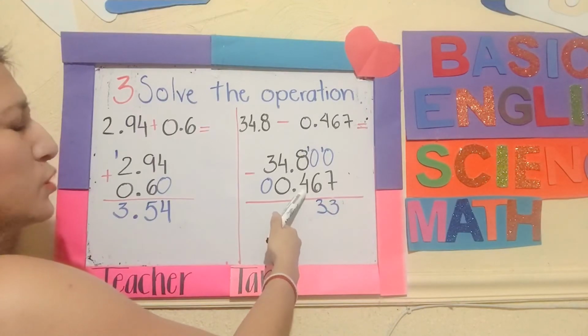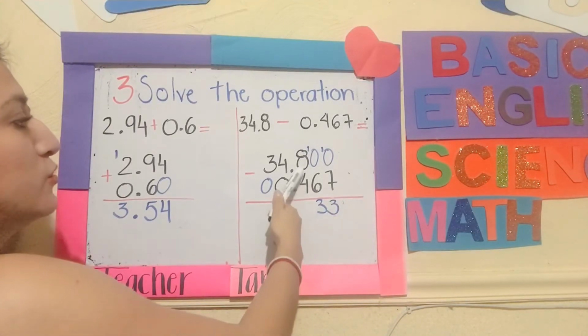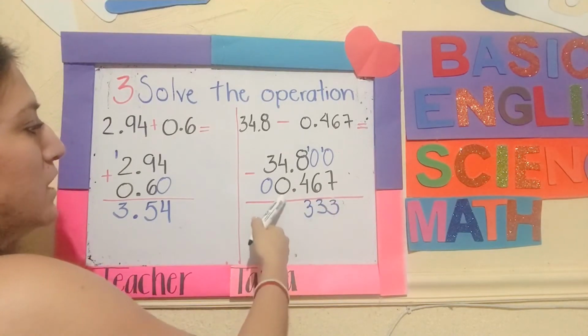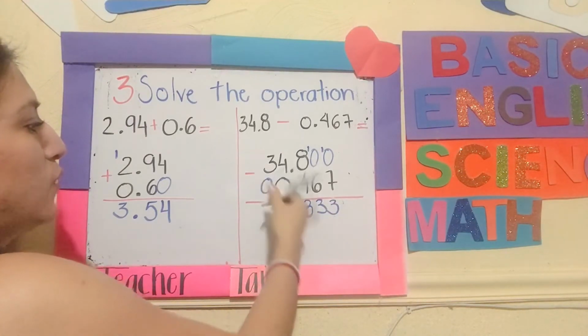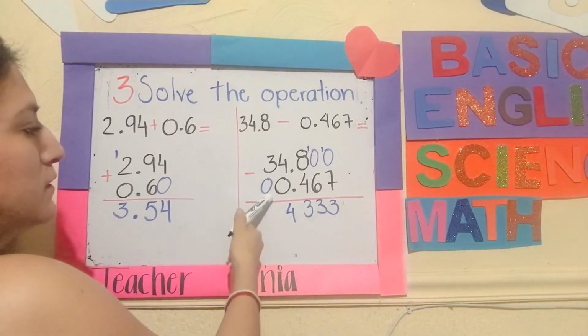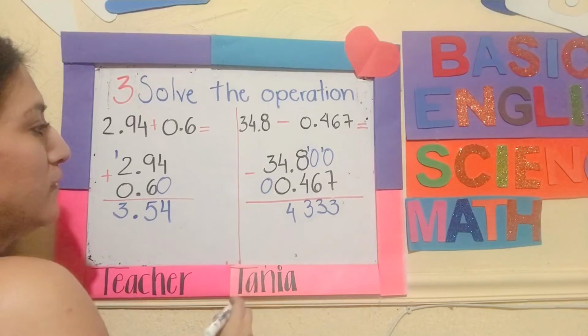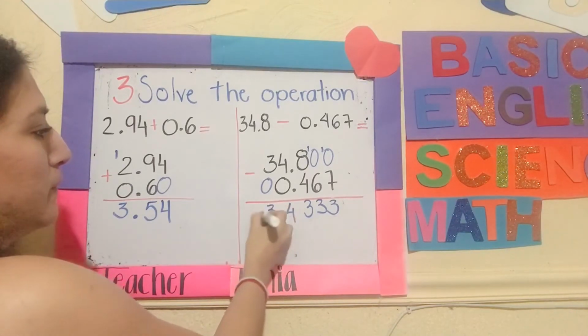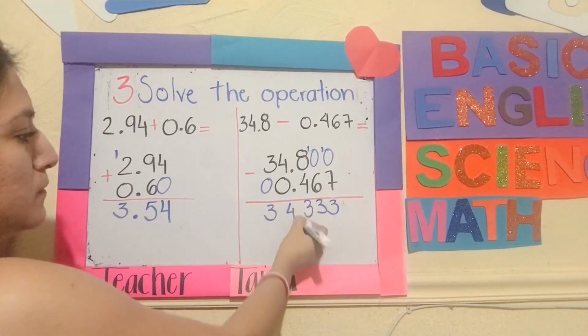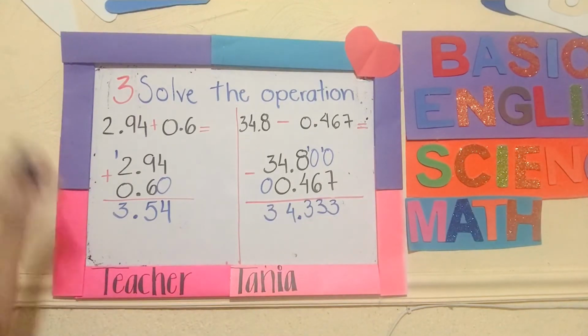This number turns into 5 to get to 8, 3. 0 to get to 4, 4. 0 to get to 3, 3. And now the decimal point. And that will be the result.